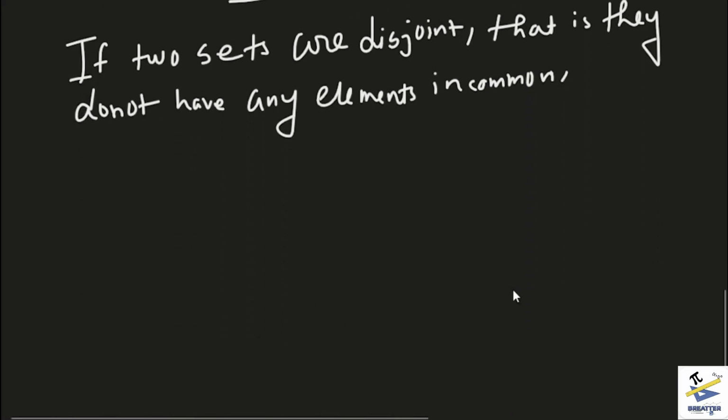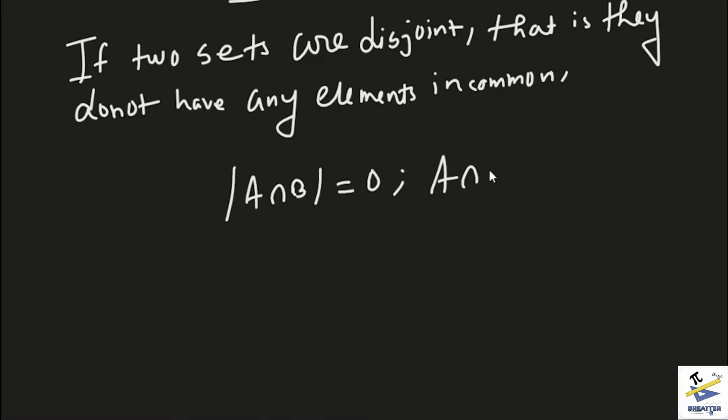So this basically means that A intersection B is 0, that is the mod of them is 0, or in other words, A intersection B is basically the null set, which we denote by phi. If you remember from the last chapter, this is called a null set, right? Now A intersection B is empty, and then we can call A and B disjoint.